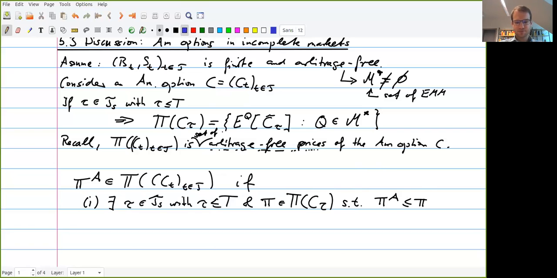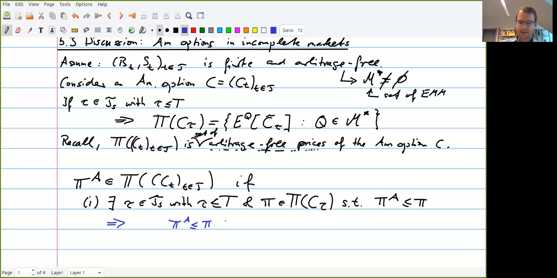Right. So what does this imply? Well, when I look at the price here, this is the last equality here.